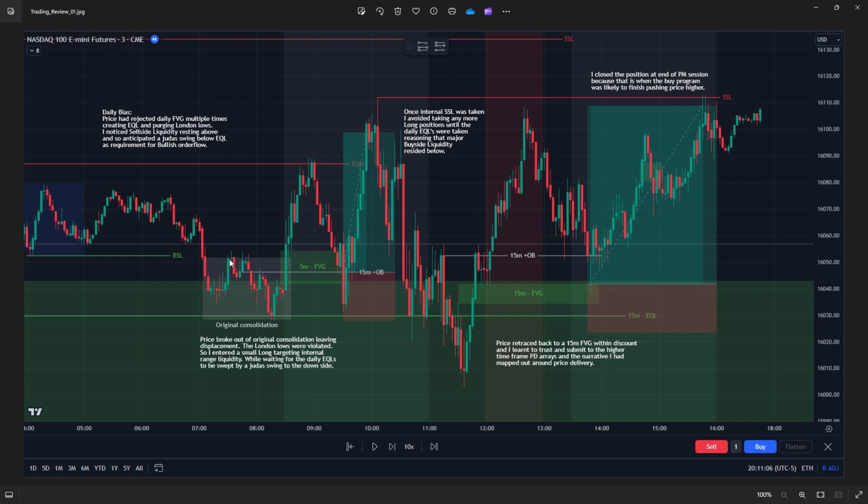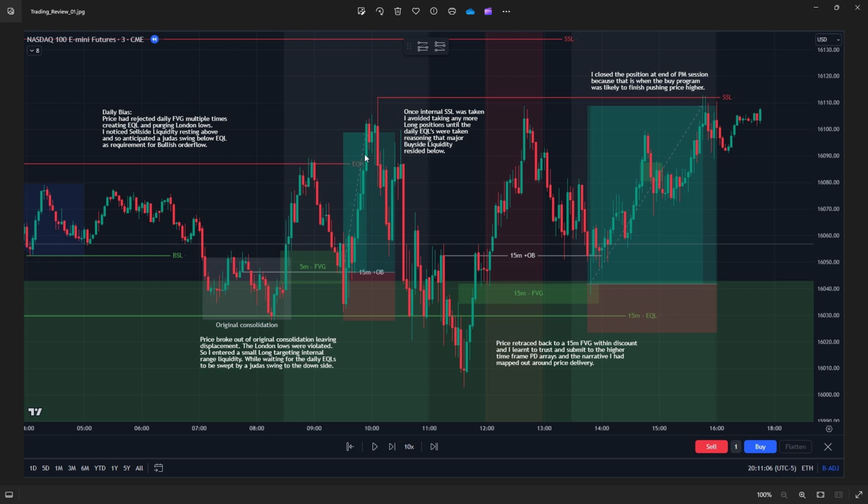We're paying attention to how we get this smooth level here that gives us a hint that price is consolidating, and then it breaks consolidation once price gets to this level here. Price broke out of original consolidation, leaving displacement, which would be these fair value gaps. The London lows were violated, so it entered a small long targeting internal range liquidity.